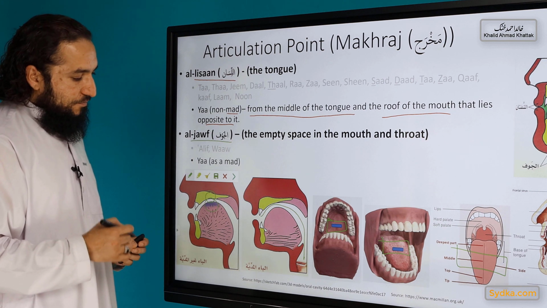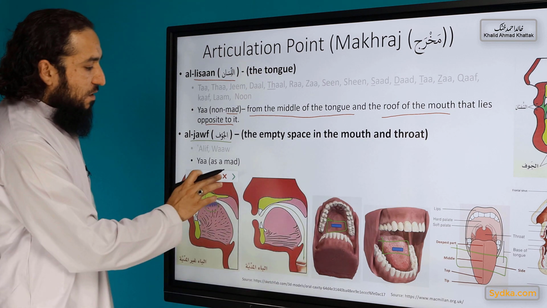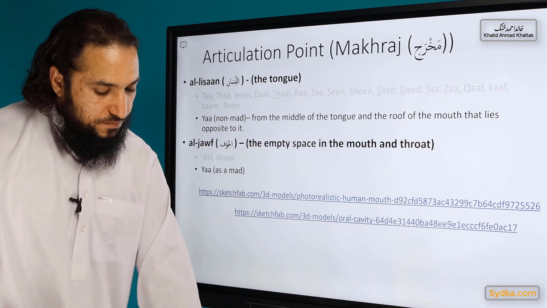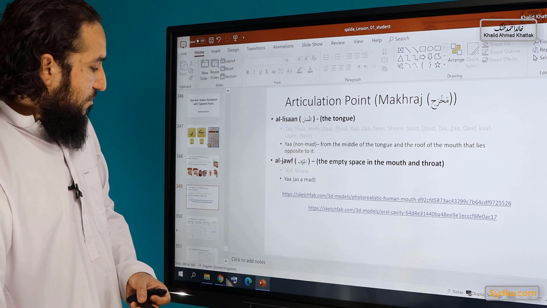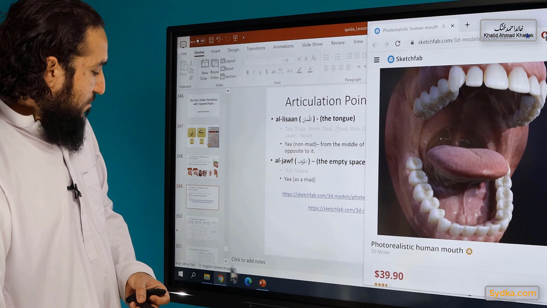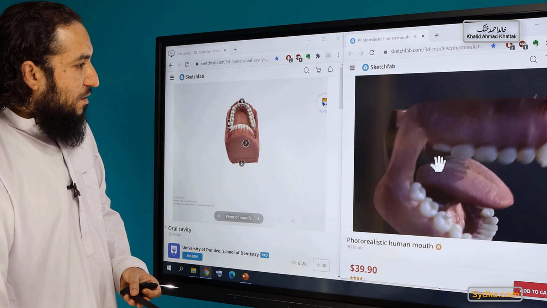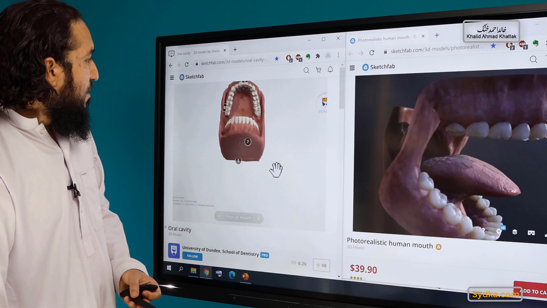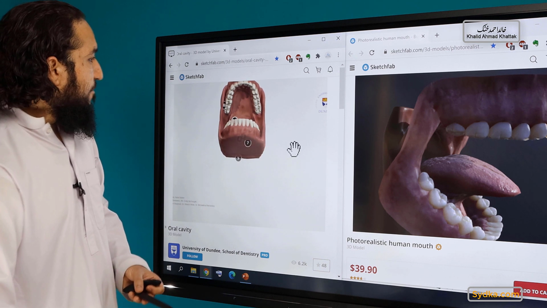Okay, so we can explain one of them with the 3D model when it is a consonant. So that's the middle of the tongue. That's the roof.